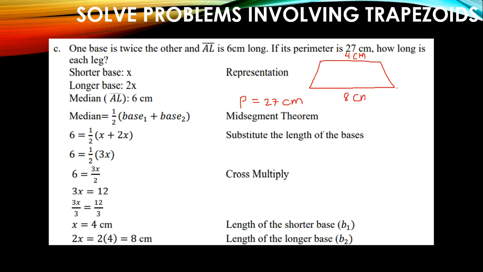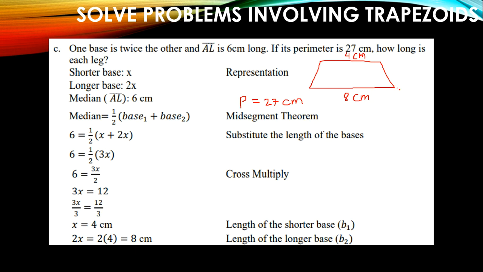So that is the start of solving for the legs of the isosceles trapezoid. Let's go back to the other properties of the isosceles trapezoid, no? The property in which the legs of the isosceles trapezoid are congruent. Whatever the measurement of the left side is just the same as the measurement of the right side.